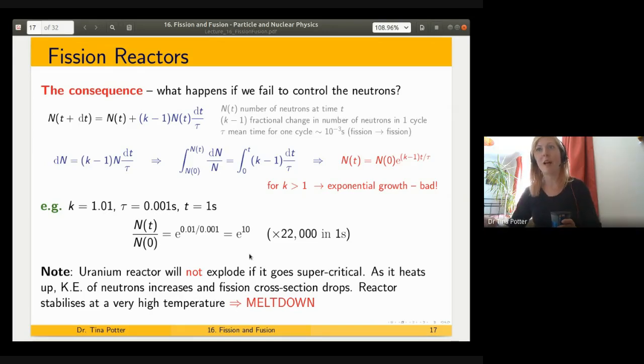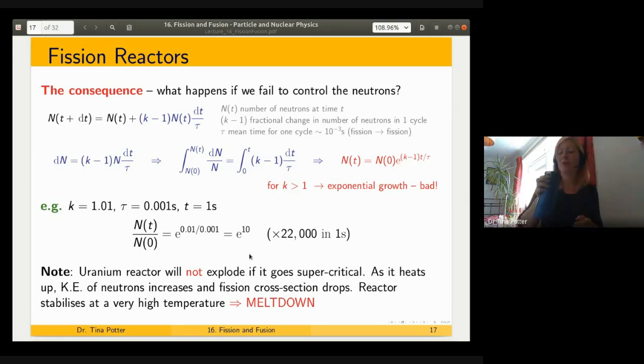So really what will happen is we'll have a huge amount more fissions, 22,000 times more, and the chain reaction will go supercritical. It's going to heat up. The kinetic energy of the neutrons is going to increase. We won't be able to slow all of those down, and the fission cross-section will actually drop. Now, maybe that's a little not what you were expecting.